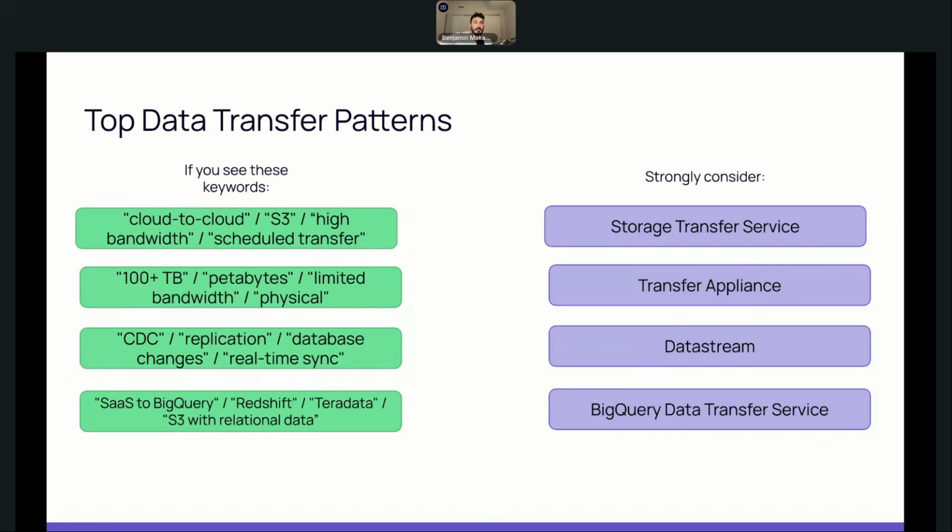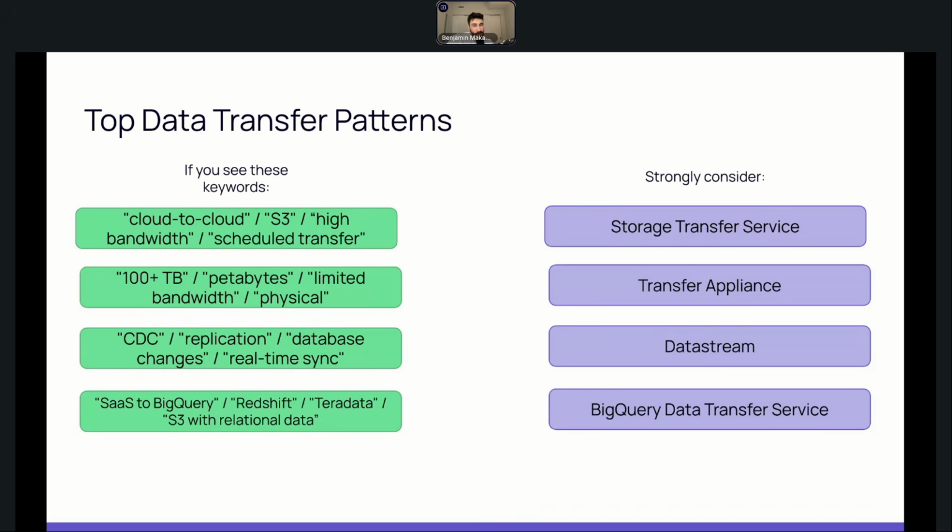Okay. So top data transfer patterns. If you see situations mentioning cloud to cloud transfers, S3 buckets being the source, high bandwidth, meaning that you can rely on the internet to carry the data, especially if it's from on-prem, if you're doing a scheduled transfer, think of Storage Transfer Service.